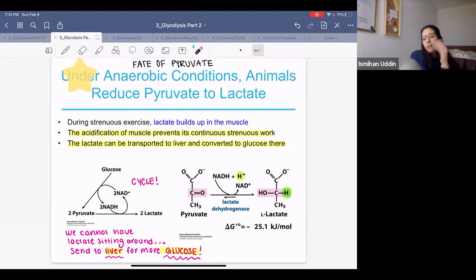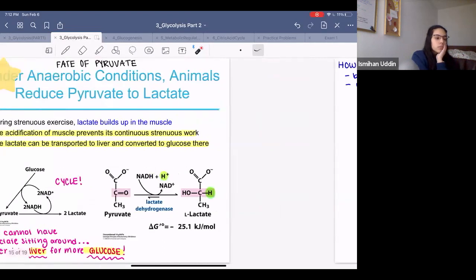I get a buildup of lactate, which makes my muscles burn. Hence your body says, all right, cool down, and the lactate gets sent off to the liver to make more glucose.